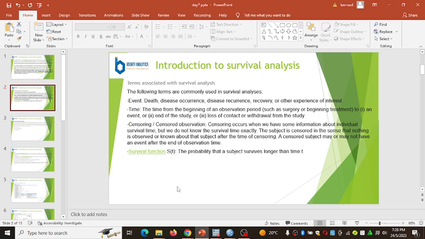So by analyzing the occurrence of events over time and considering the censored observations, survival analysis will allow the researcher to estimate the probability of an event happening at different time points.